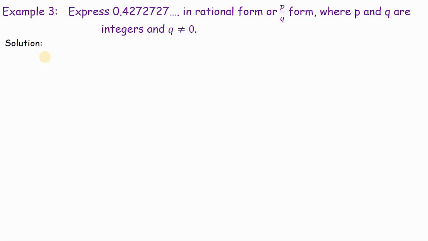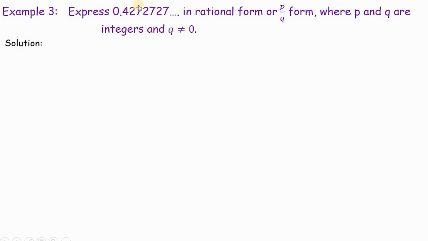Now in this question, it's different from the previous two examples. In the previous two examples, you'll see that after the decimal point, either one digit is repeating or the two digits are repeating. That means after the decimal point, every digit is repeating in the first two cases. But here, after the decimal point, we have 4 and then followed by 272727.